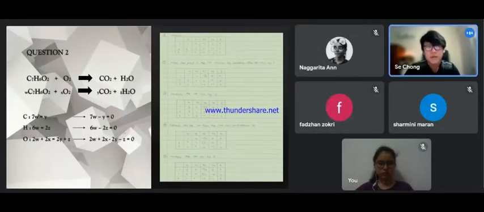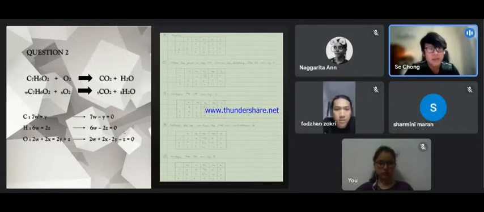Okay, for question 2, we have a chemical equation, which is C7H6O2 plus O2 equals CO2 plus H2O, and then W C7H6O2 plus X O2 equals Y CO2 plus Z H2O.